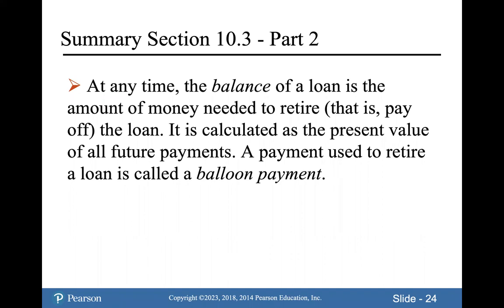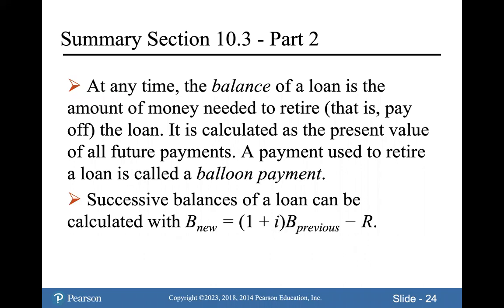It is calculated as the present value of all future payments. A payment used to retire a loan is called a balloon payment. And successive balances of a loan can be calculated using this formula. And that's going to do it for section 10.3. We'll see you next time.